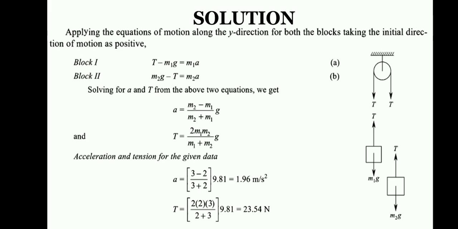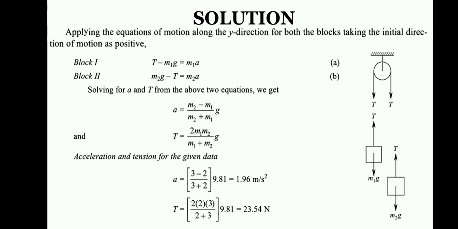Then solving these two equations. From the first equation, moving minus m1g to the right-hand side, T becomes equal to m1a plus m1g. Applying that T value, m1a plus m1g, in equation B.